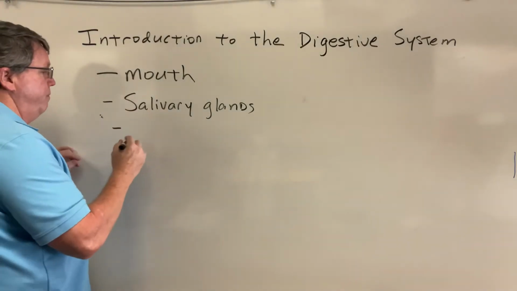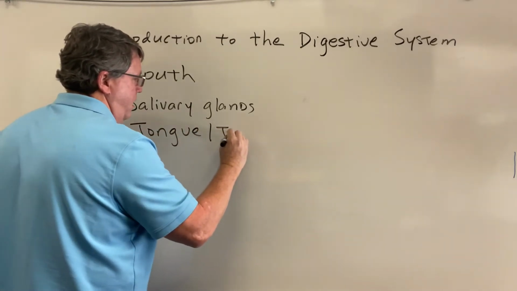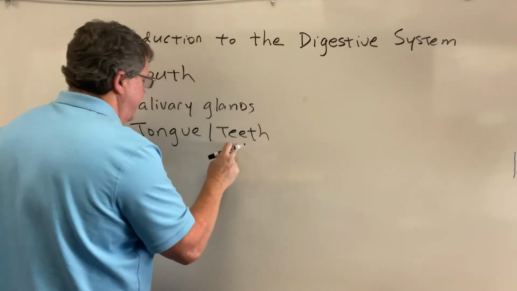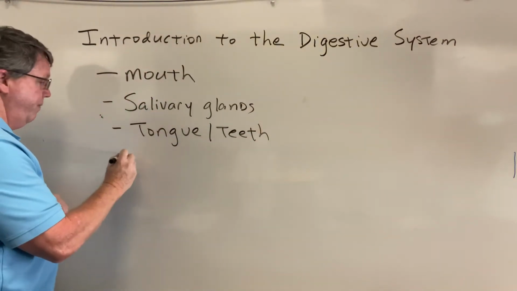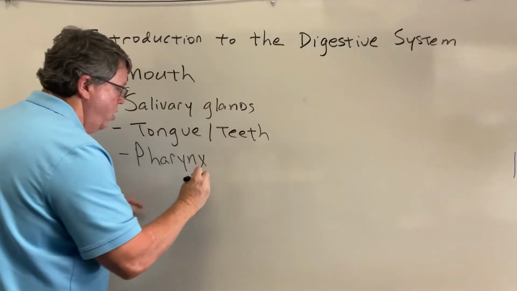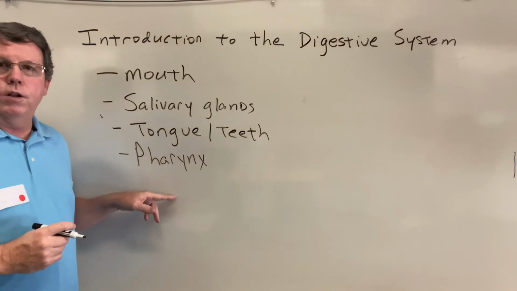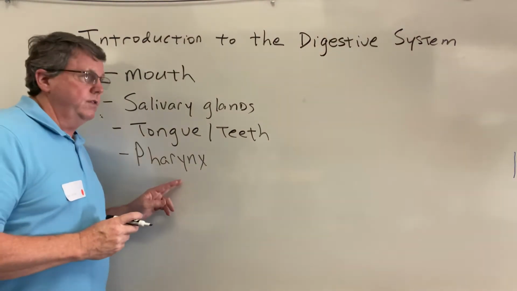After that, let's throw in the tongue and the teeth, to break down food and to move the food around so it can be broken down and so that saliva can get to it. Then we have the pharynx, and if you remember, we talked about the pharynx as being part of the respiratory system. So the pharynx is also part of the digestive system.